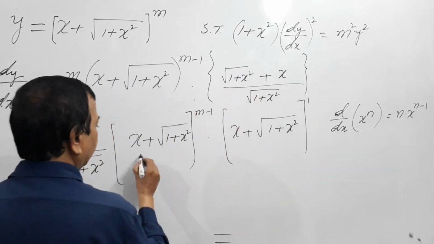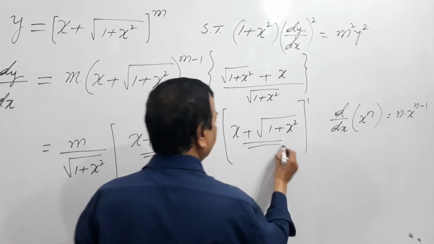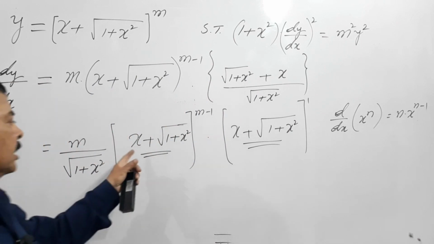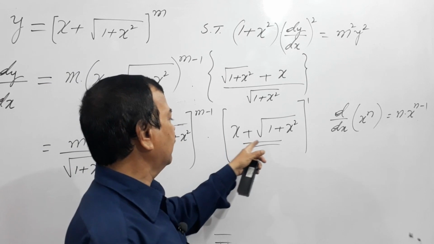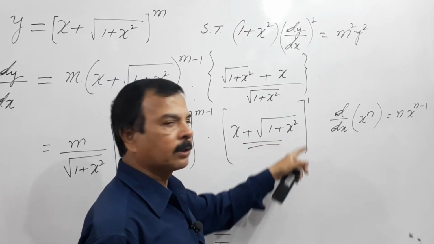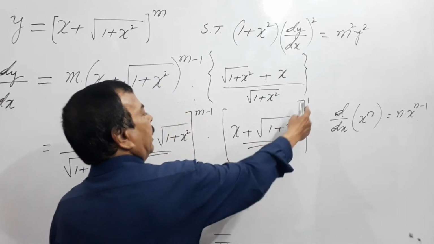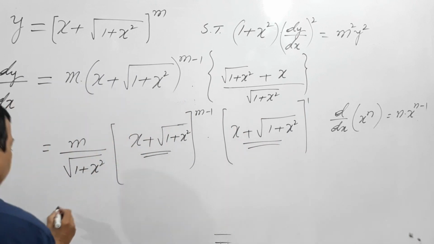See here, the bases are the same, isn't it? x plus under the root 1 plus x square, to the power of m minus 1, into x plus under the root 1 plus x square. So the bases are the same, add the indices. What happens here?